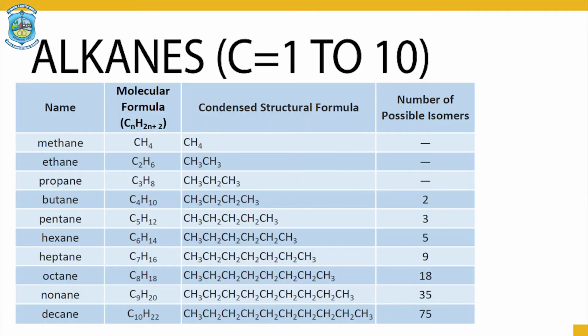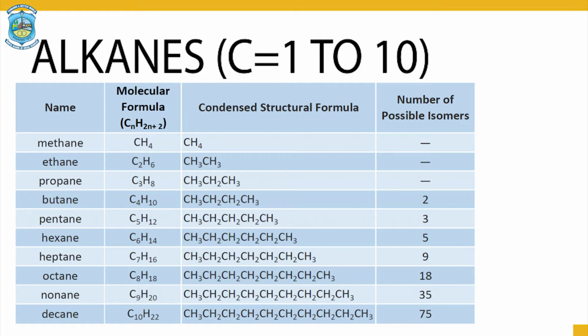Moving on, if I have 2 carbons, then I have C2H6, which is called ethane, then C3H8, C4H10 and so on. So as the number of carbons increases, the number of hydrogens also increases, and we get our list of alkanes.